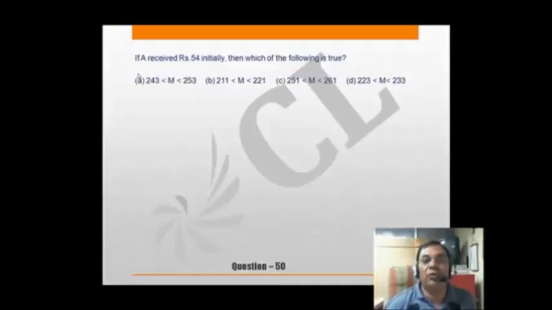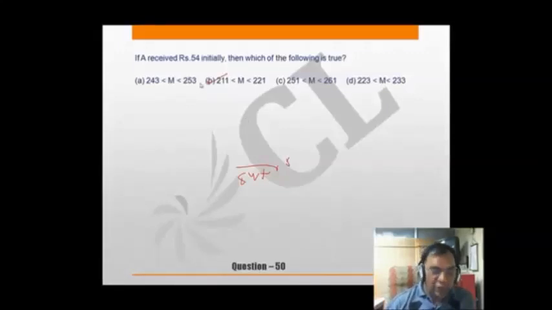Oh, this will be the answer, and that's it. I do not know how much you have done in the first section, because 54 into 3.6, only this answer comes closer. So this is the answer.